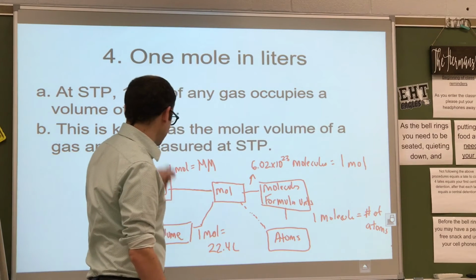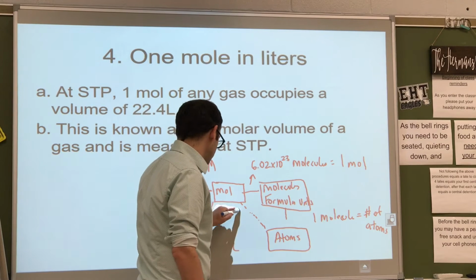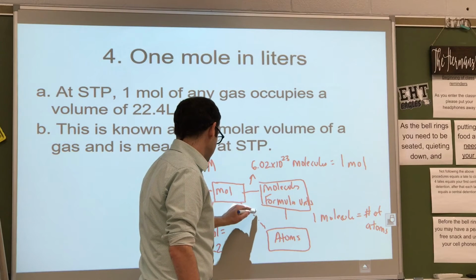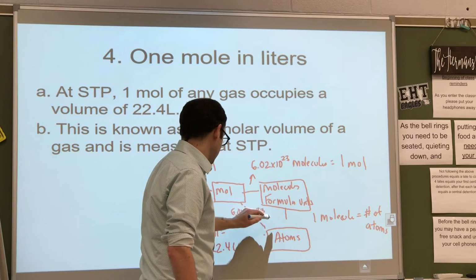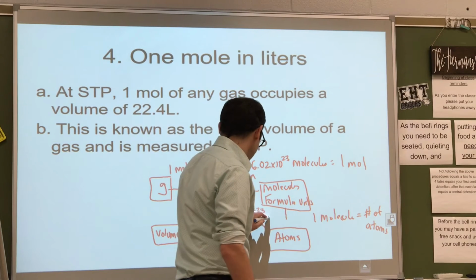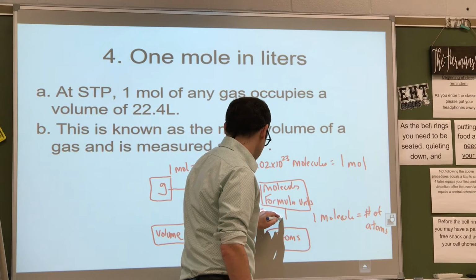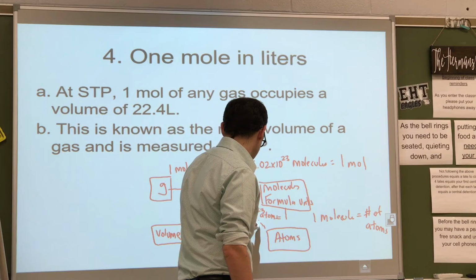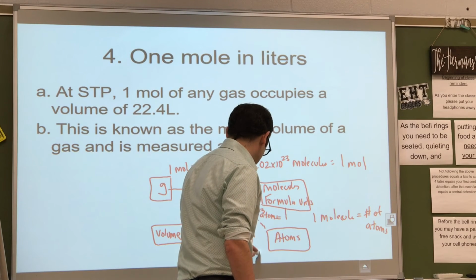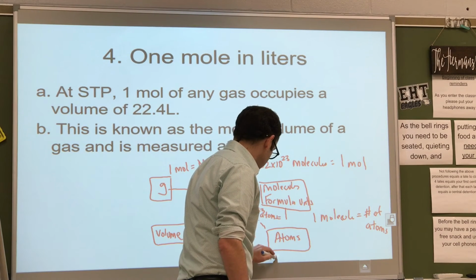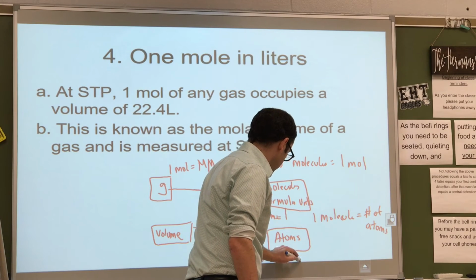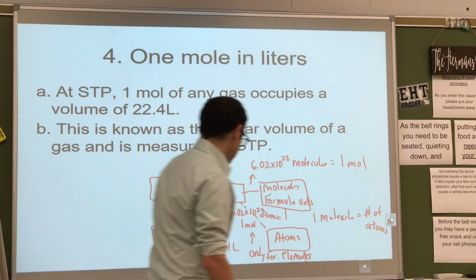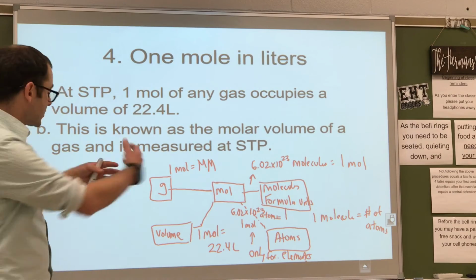So molecular mass, yeah, everything, and then this is 6.02 times 10 to the 23rd atoms equals 1 mole, and it only works with elements. All right, so that's only for elements. Okay, so that's our mole flow chart.